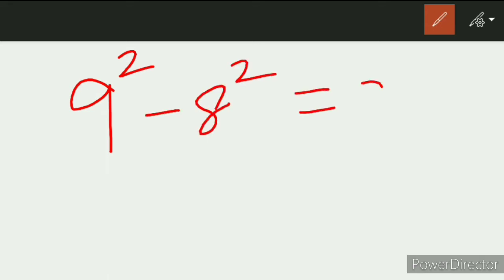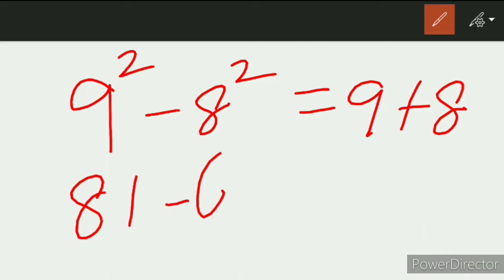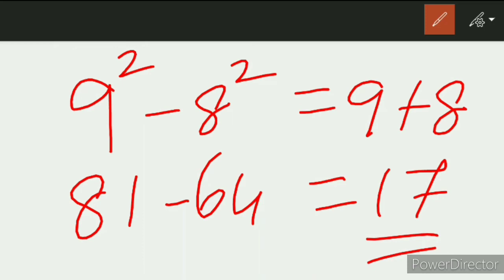9 and 8 are consecutive numbers. For a difference, we should always subtract the smaller from the greater. So 9 square minus 8 square equal to 9 plus 8. 81 minus 64 is equal to 17. Correct?